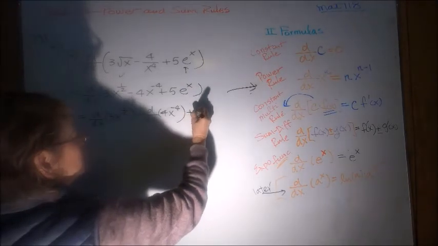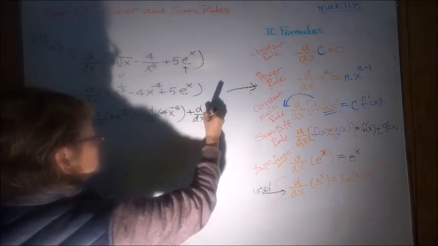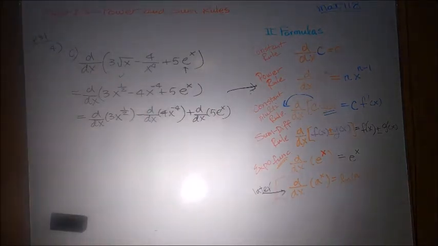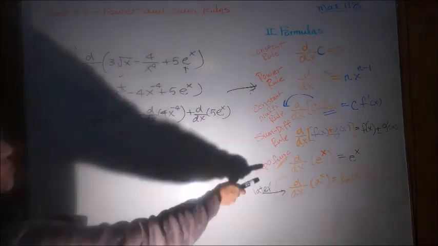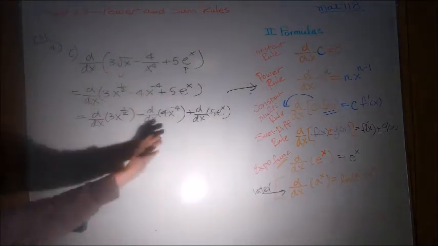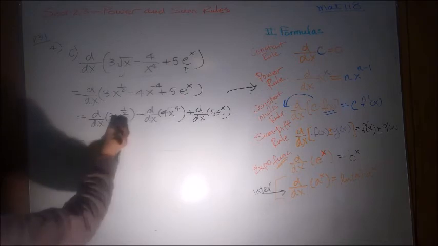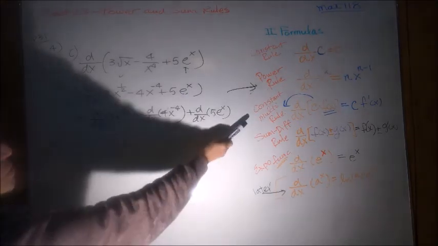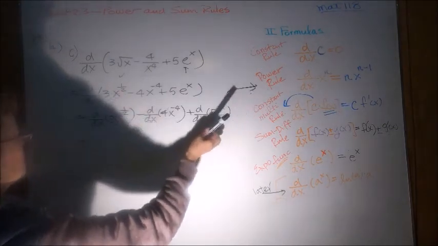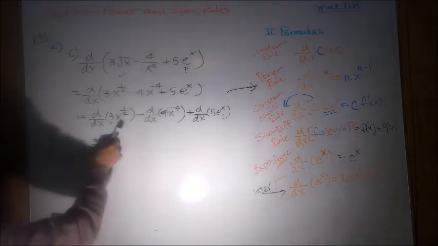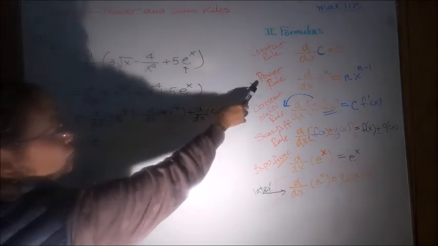And the third term, we take the derivative of the third one. Then we will use the earlier tools to resolve it. So first one, numbers multiplied together, we use what? Constant multiple rule. So you take the 3 out, right? Then d dx for this one, the power, we use the power rule.